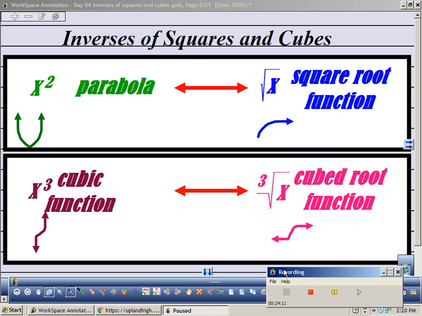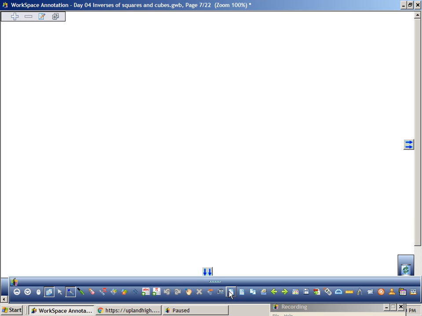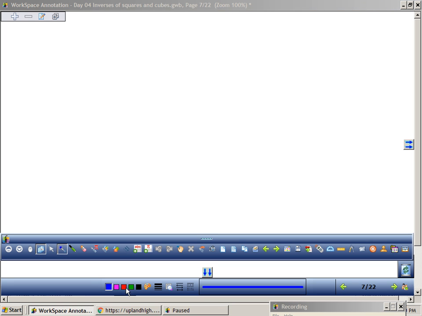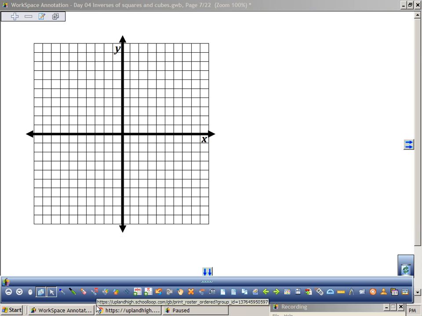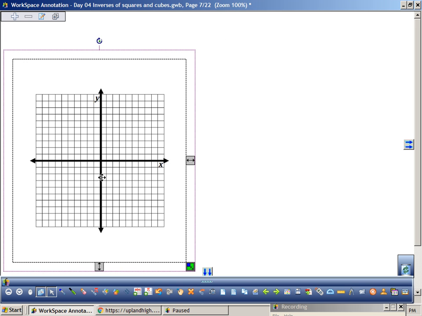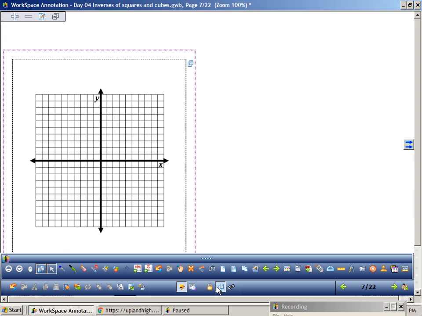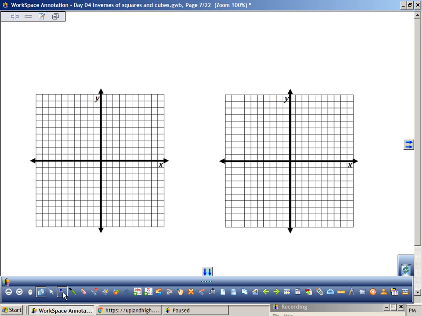Okay, inverses of squares and cubes. I think I'm going to do this. This is what I liked with last period. Okay, let's think about this. So, there we go.